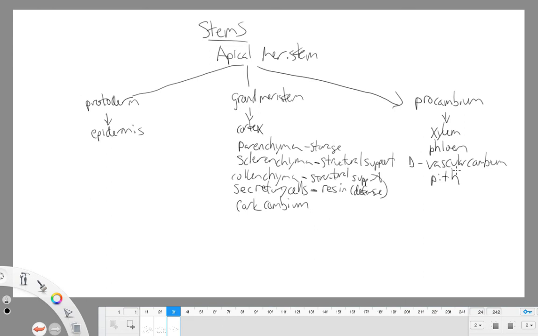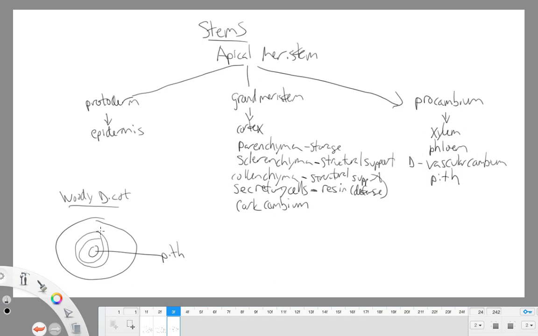And if we're looking at a cross section, we can do in here, this will be our woody dicot down here. Our cross section. In the center here is going to be our pith. And then essentially, just like a tree, you'll have those rings. And that is xylem tissue.